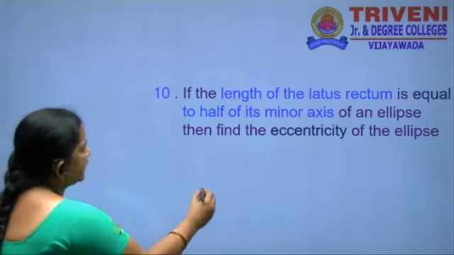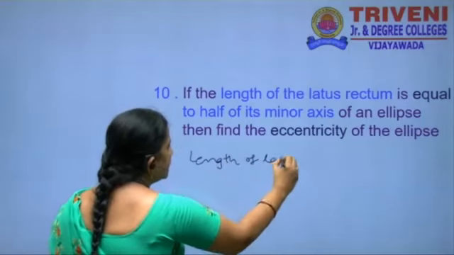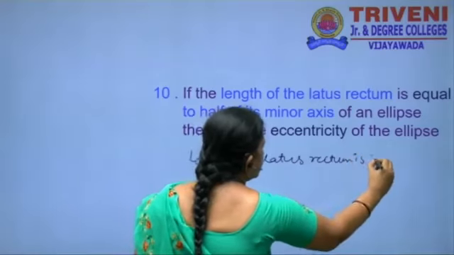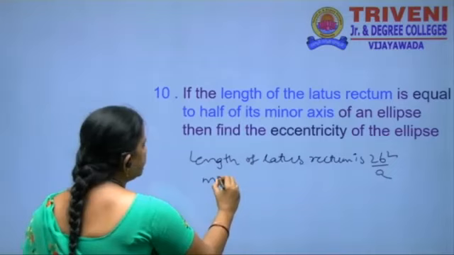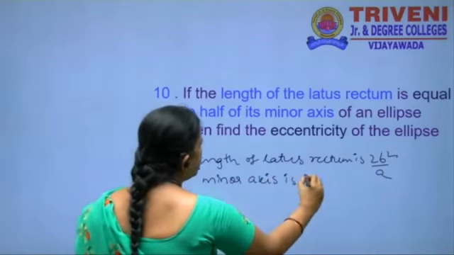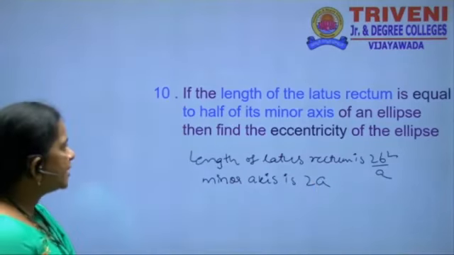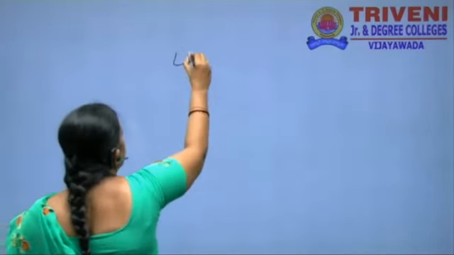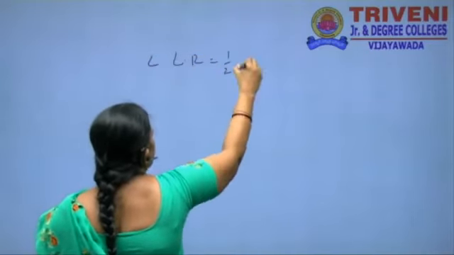The length of the latus rectum is 2b square by a and the minor axis is 2a. That is the given hypothesis. The length of the latus rectum is equal to half of its minor axis.